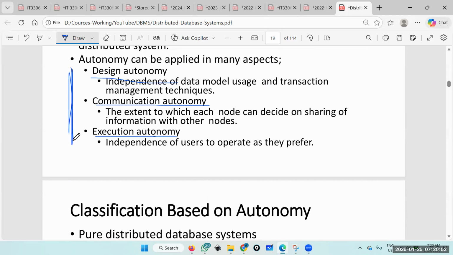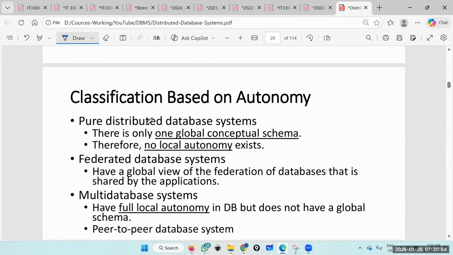The real classification based on autonomy starts with the pure distributed database. That means we have multiple sites, but there is a global schema, so every user sees the same schema, though we have multiple sites. That is the ultimate objective. But there can be multi-database systems where full local autonomy is there, but you lack a global schema.